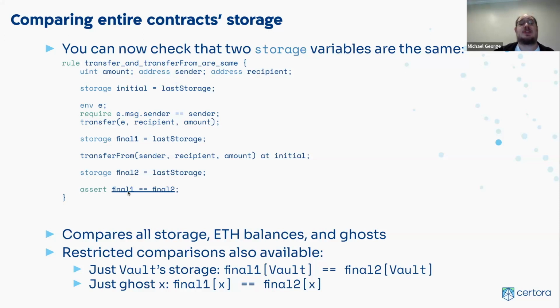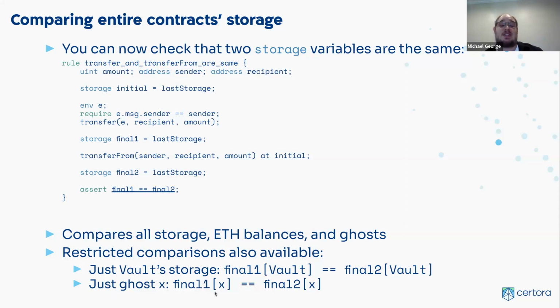And so there is a restricted form of comparison here, which is you can narrow what you're comparing to just a particular contract. So for example, here, I could compare final one in brackets vault is equal to final two in brackets vault. And this checks that the storage of the vault contract in these two storage states are the same.